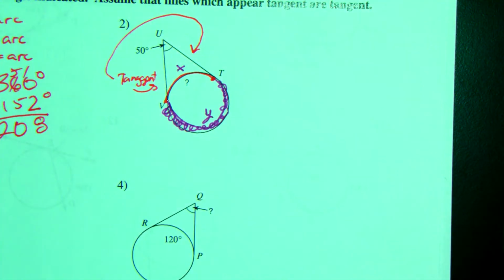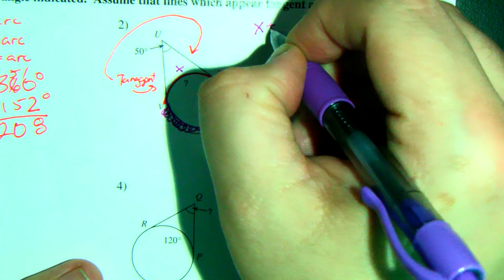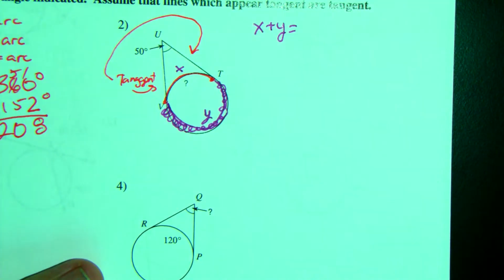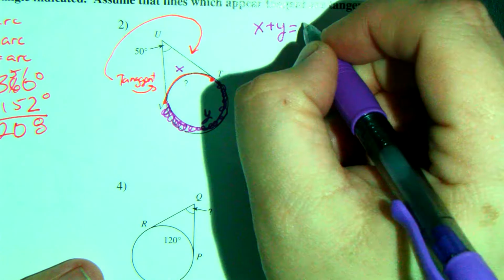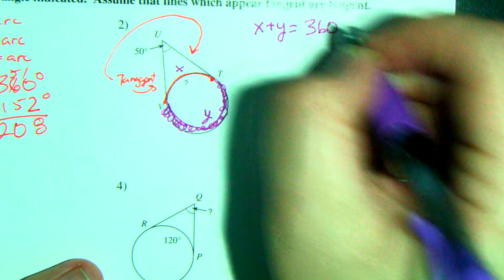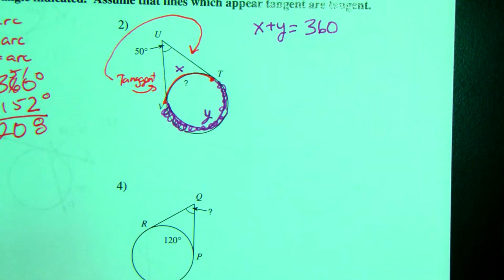If I add X plus Y, what do I get? Not X times Y. That's like saying if I went 2 plus 5, that's equal to 2 times 5. Well, what's 2 plus 5? 7. What's 2 times 5? 10. Not the same thing.